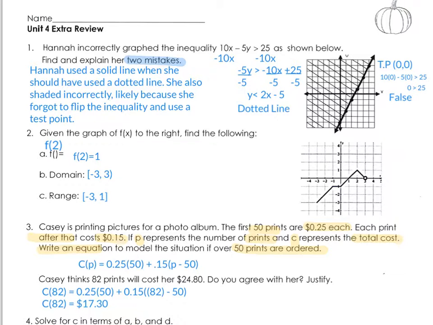So I'm going to say, I do not agree with her because 82 prints will cost $17.30. And my justification, the math to back me up, is right here. So that's my answer for that one. So I have my answer with my justification to back me up.